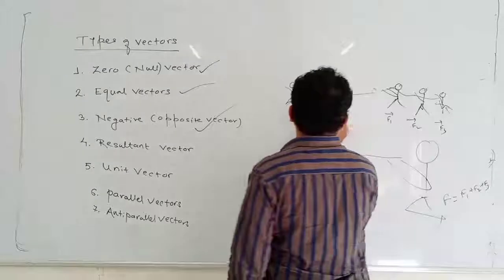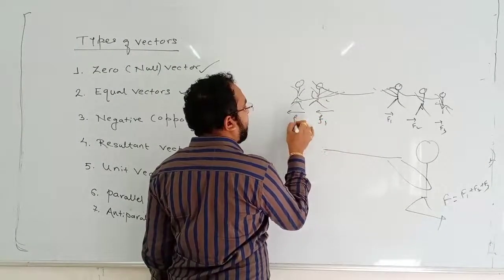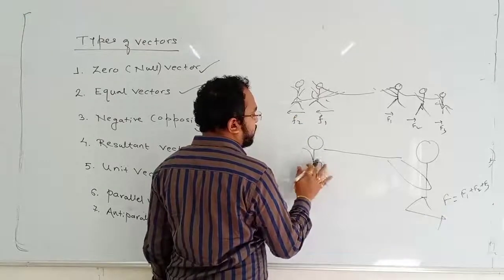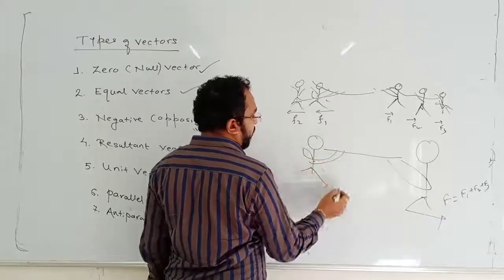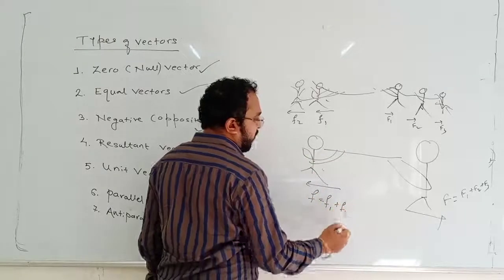Here the forces applied by these two wrestlers are small f1 and small f2. Here also I will use another large wrestler who applies the force equal to small f1 plus small f2.